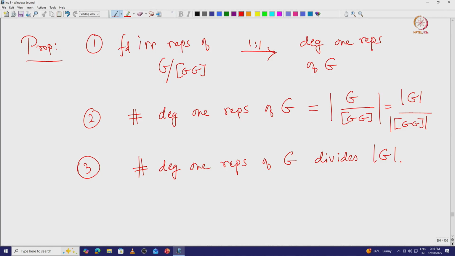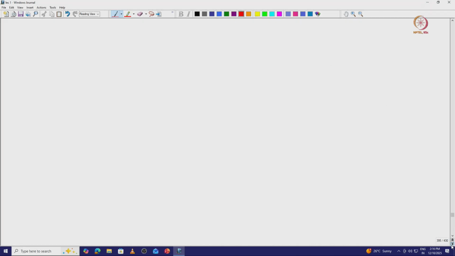So, this number is indeed a factor of the cardinality of G, which is clear from Lagrange's theorem. This proposition tells us how to get all possible one dimensional representations of G. So, let us see how to prove this.